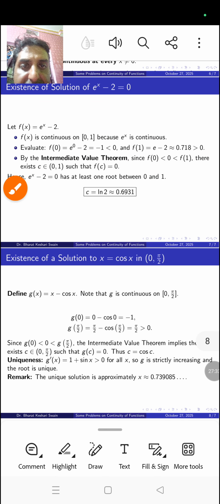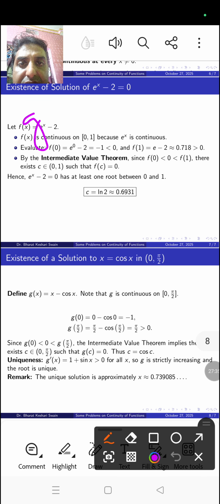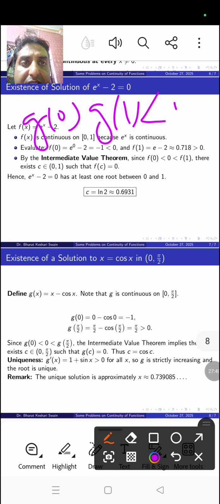So now we can write g of 0 times g of pi by 2 is less than 0, and already we have checked that g is continuous. So we can apply the intermediate value theorem.